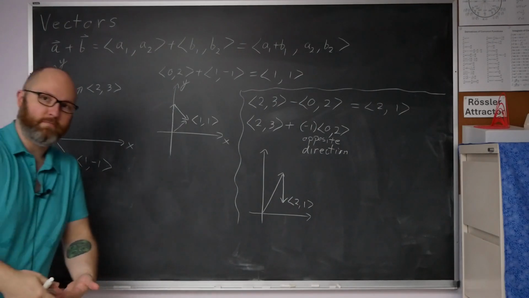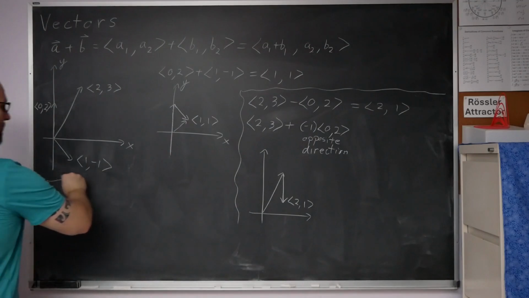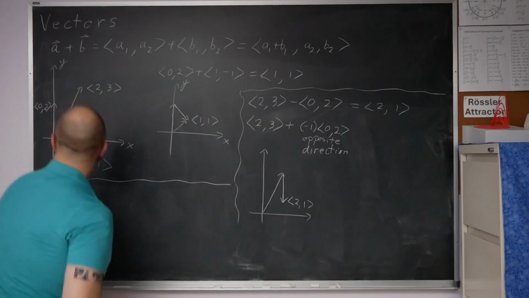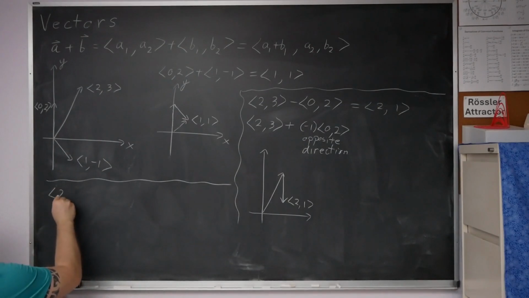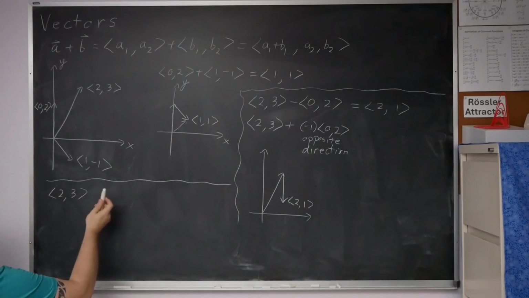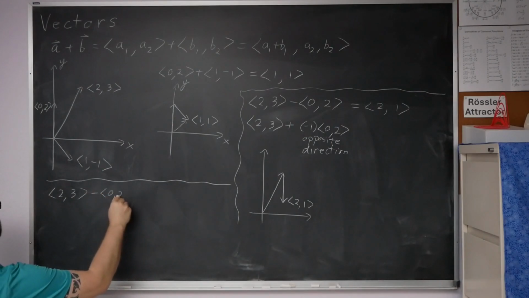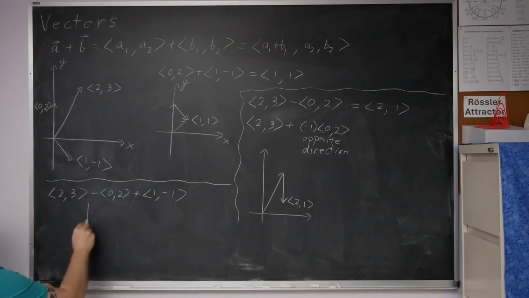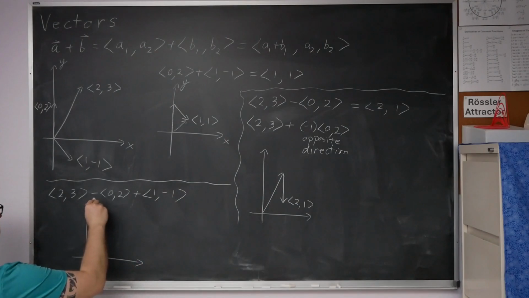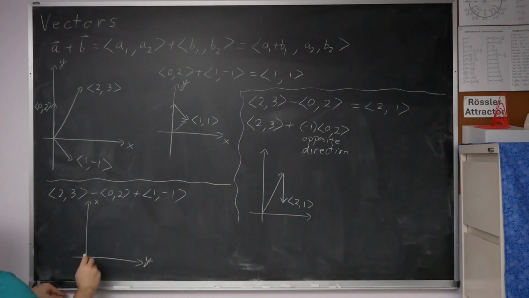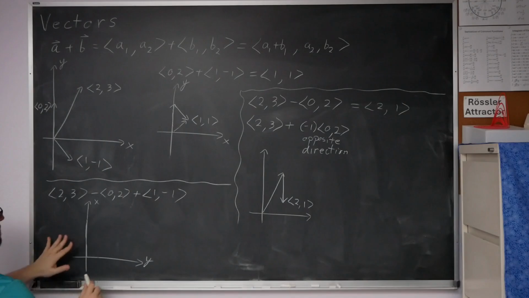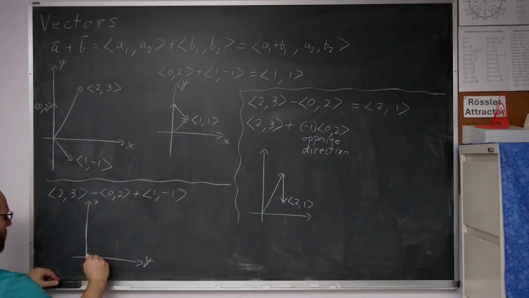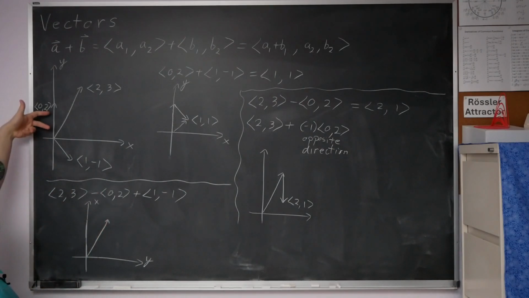And then if you add 3 vectors, let's go ahead and do that. What if I do 2, 3 minus 0, 2 plus negative 1, negative 1? All right, well, I'll start out with my 2, 3. Sorry, 2, 3 is over here. And then I'm going to go the opposite direction of 0, 2, so flip it, so it's going down.